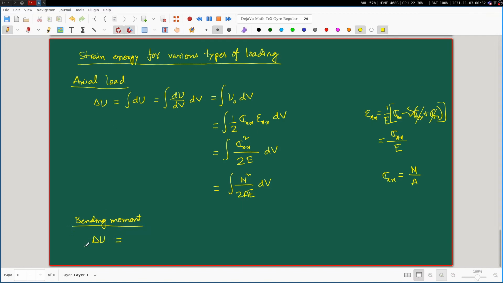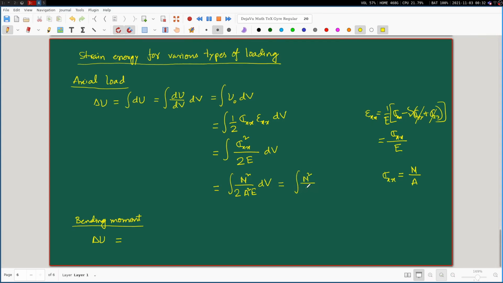Please note that we can slightly simplify this thing. How? By the way, I made a mistake here. Because this is sigma xx square, when I substitute N by A, this should actually be twice A square E. And this dV, if you are considering a prismatic beam or a prismatic shaft, then the area all along the length will be equal.